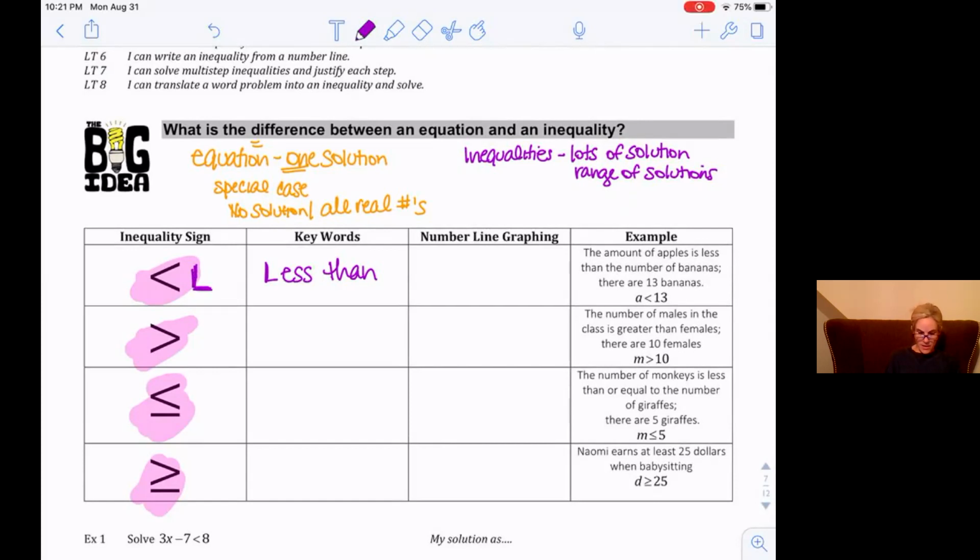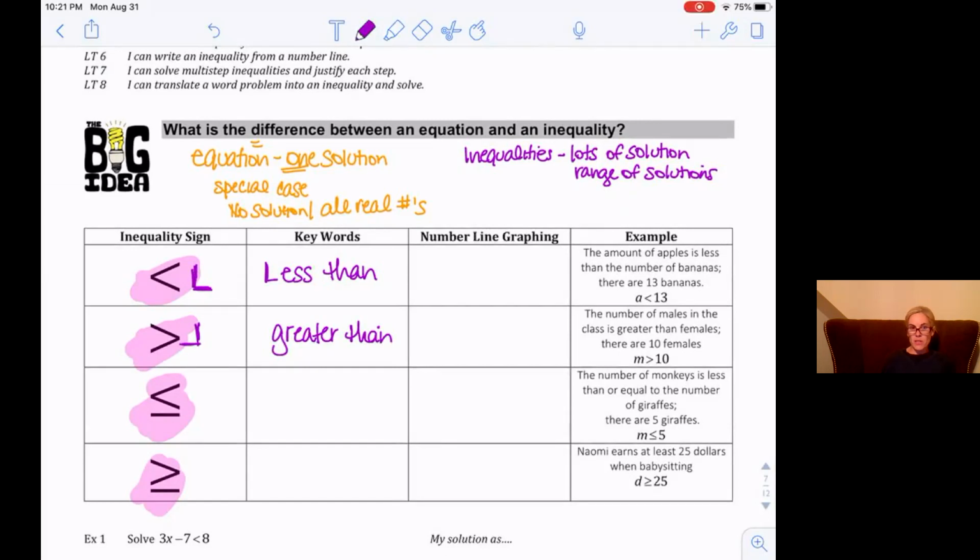Whereas the other direction would not make an L; if I straightened it up, it would be backwards. This one is my greater than.